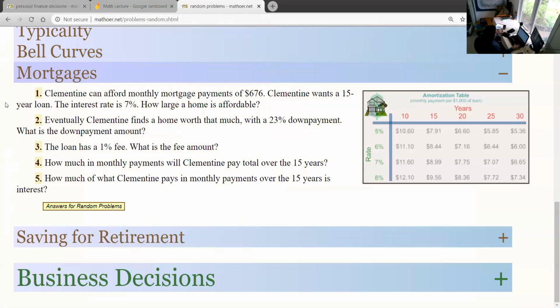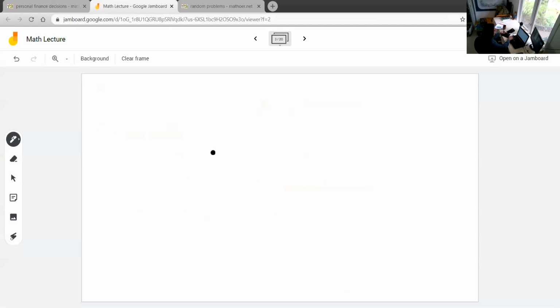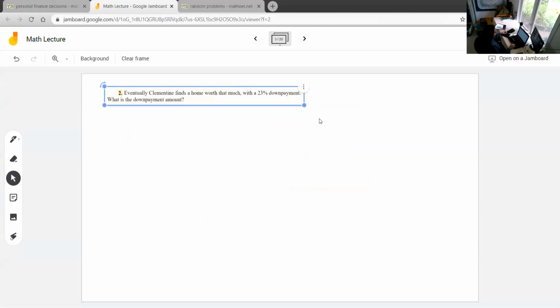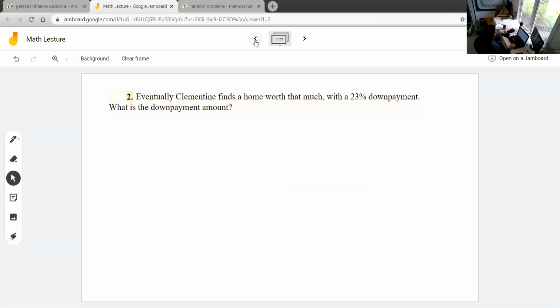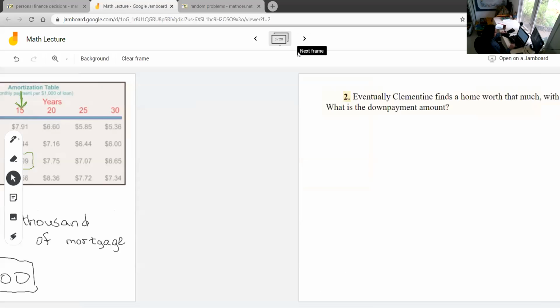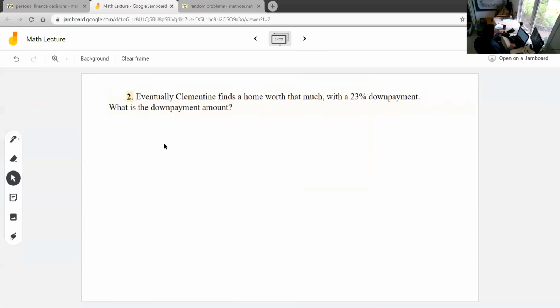So eventually, she does some house shopping. She finds a home worth that much. It has a 23% down payment. So we just found it was 75,000. So we're asking, what is 23% of 75,000?